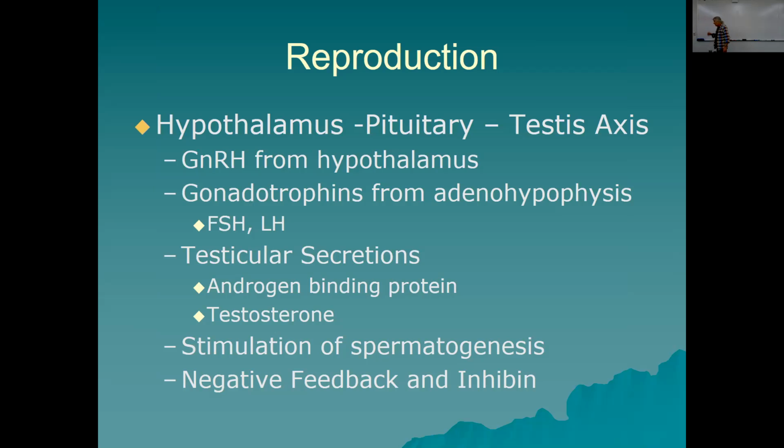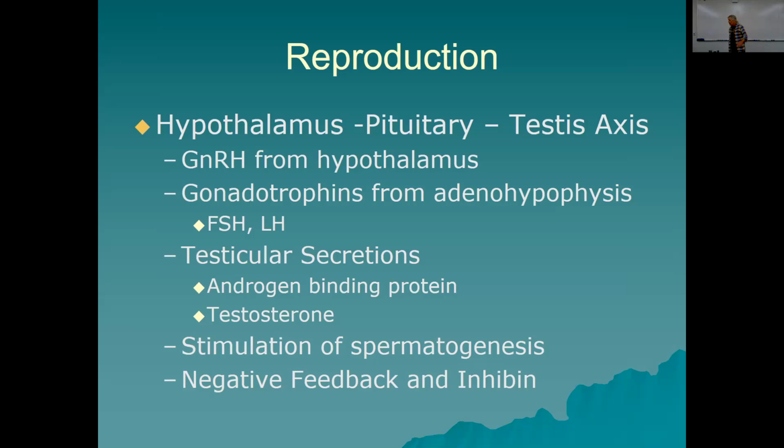So remember, this is all really hormonally controlled. Remember, there's a hypothalamus-pituitary-testis axis. Okay, the figure I just showed you is on page 1137. On page 1133, the hormone regulation of spermatogenesis and androgen production.